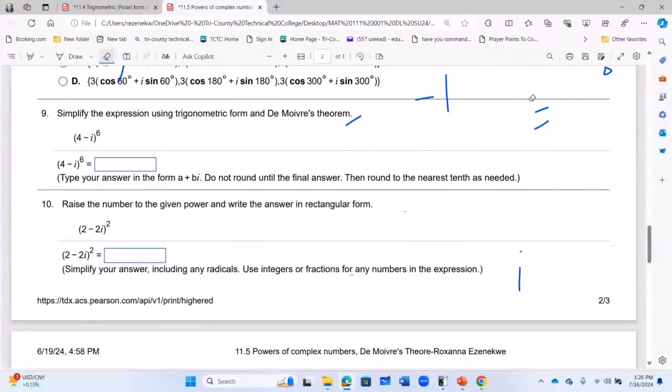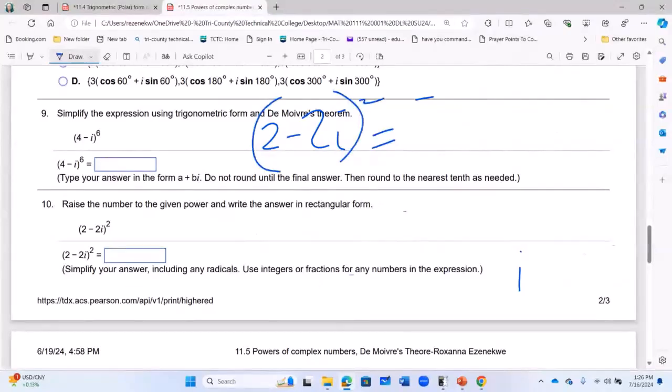All right, so the first thing I have to do is number 10. I can do it by ordinary foiling. So in number 10, I have 2 minus 2i squared, and I can just rewrite it as 2 minus 2i multiplied by 2 minus 2i.